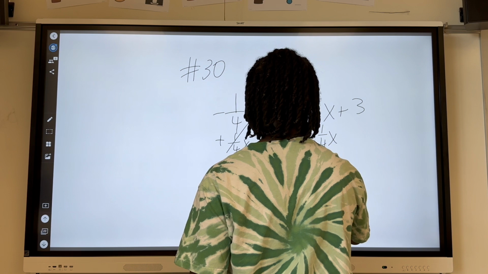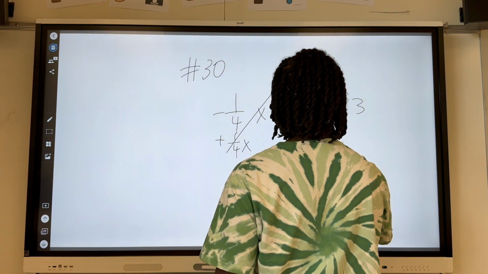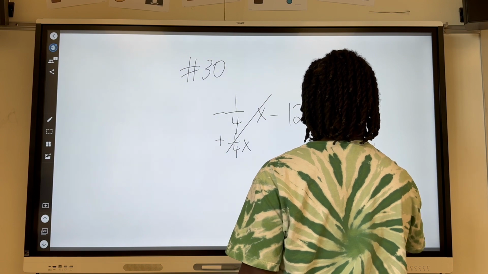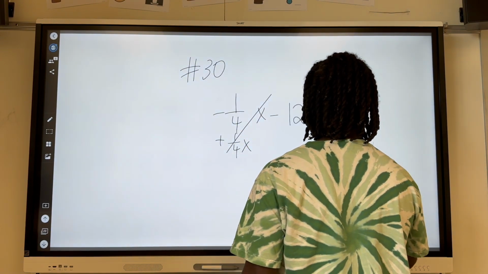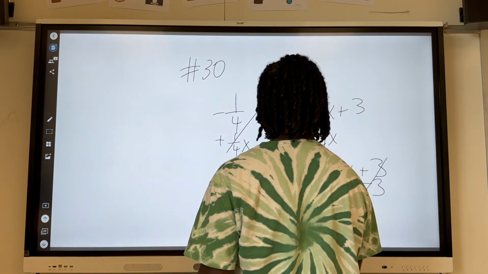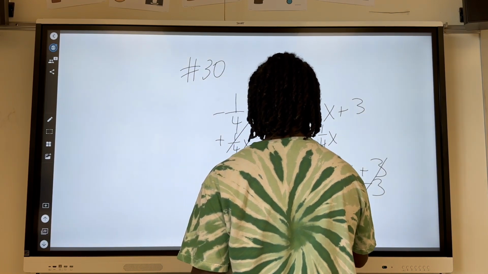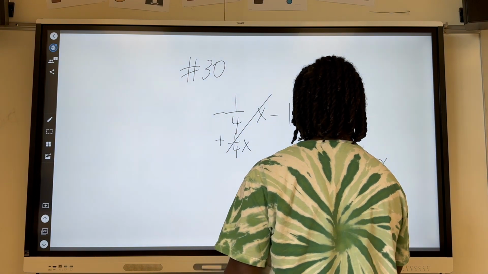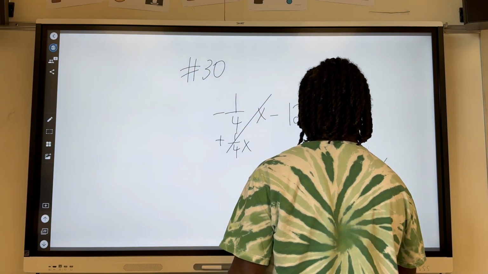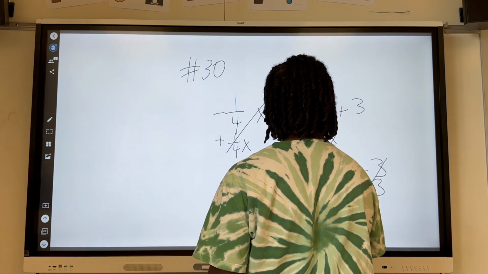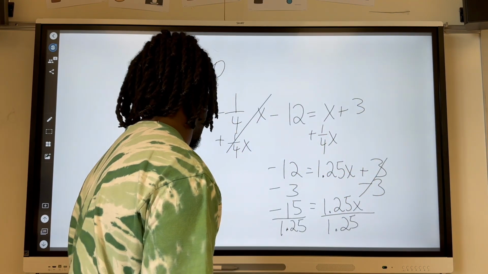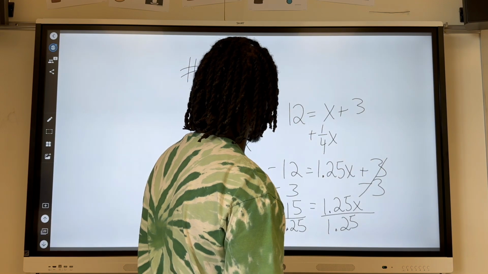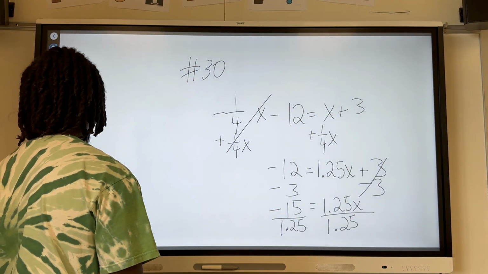I got negative 12 equals 1.25x plus 3. Then I'm going to do the inverse, minus 3, that cancels. This gives me negative 15. Then divide by 1.25, and that will give me my answer. So negative 15 divided by 1.25 gives me the answer there.